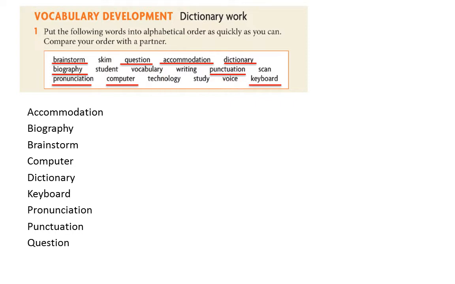So question is the ninth word. Which one of them is the 10th? After Q we have the letter R, but we do not have any word started with R. So we should go to the next letter, which is S.